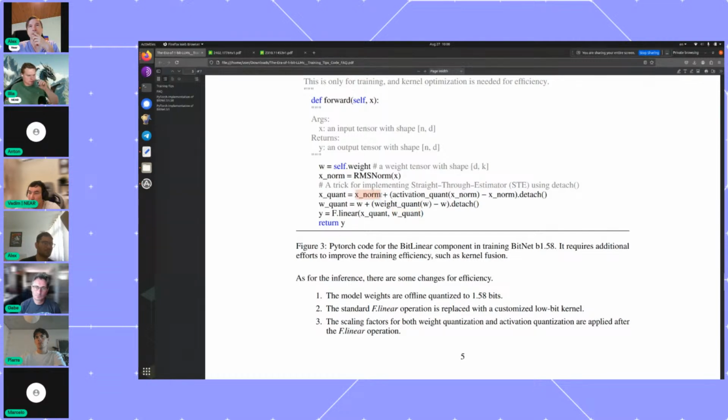And this hackery with adding and subtracting X norm is effectively a way to implement the straight-through estimator that we discussed, where we want to compute the gradient as if quantization never happened. So detach effectively means, hey, do not use this for backward pass, right? So if you look at what the backward pass will see, X quant is equal to X norm, and W quant is equal to W, and then Y is the product of X norm and W, right?